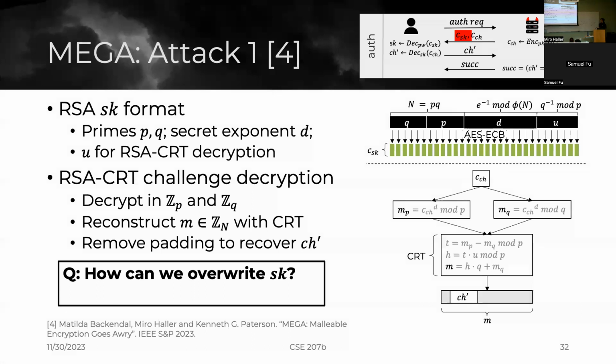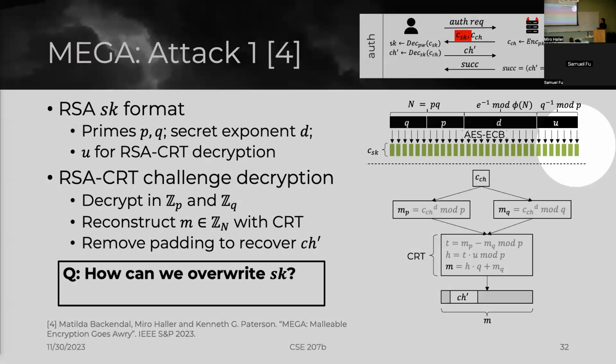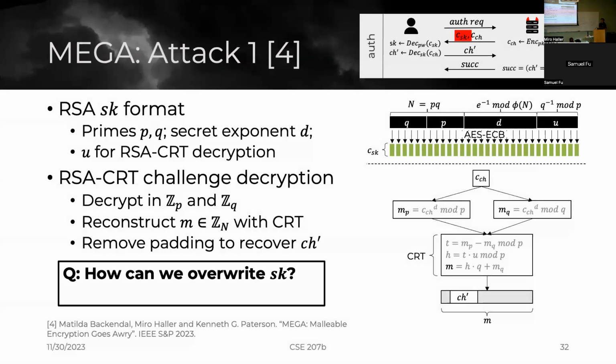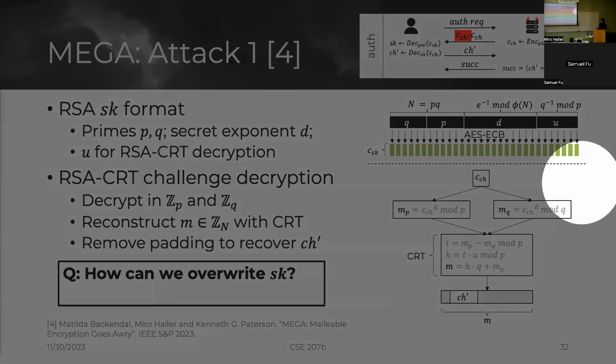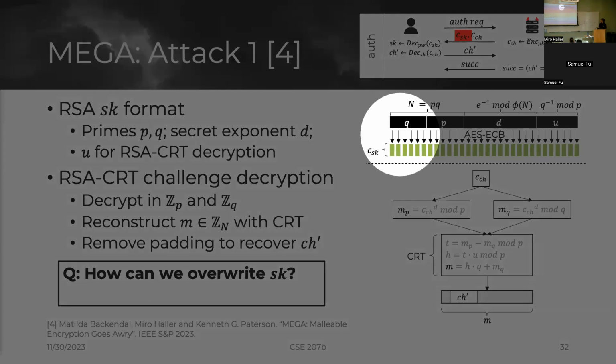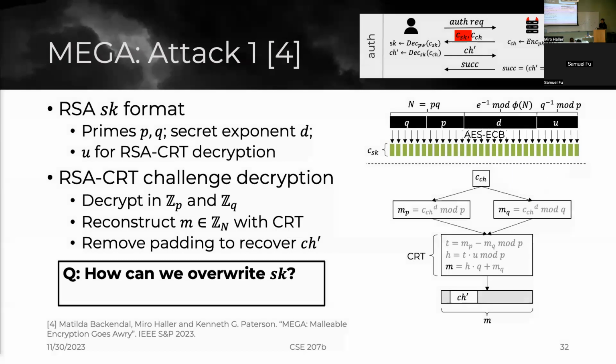So does someone have an idea of how we can just in general tamper with this secret key? Because one thing AES-ECB definitely doesn't provide you is integrity. Think about that the blocks here are encrypted independent of each other.